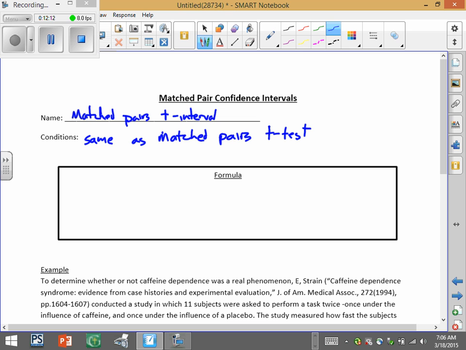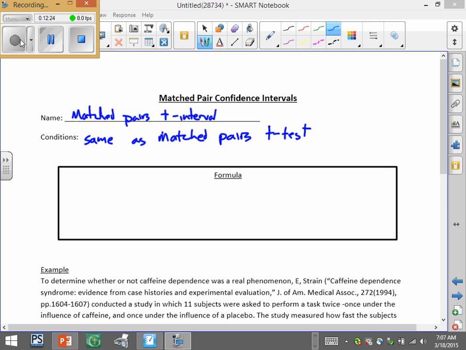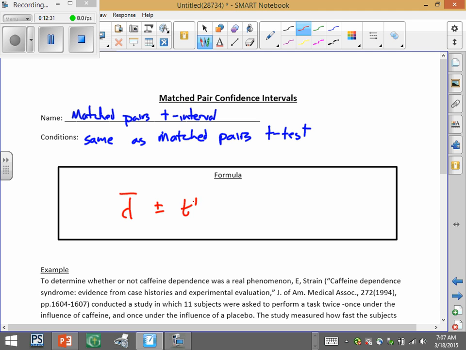And here's a good chance to remember how you approach the formula, going back and reminding you how to do those intervals very quickly. What that will look like is d bar plus or minus t star, and then the standard deviation of the differences over the square root of n.